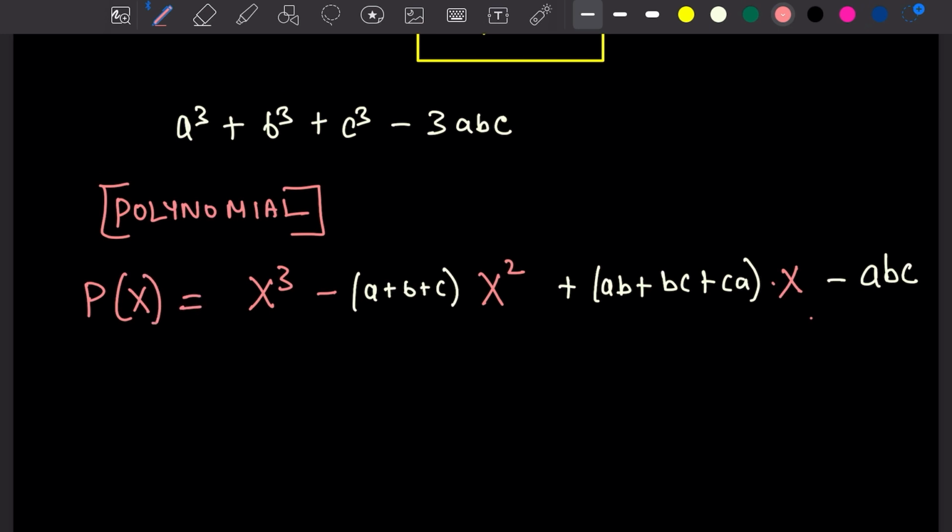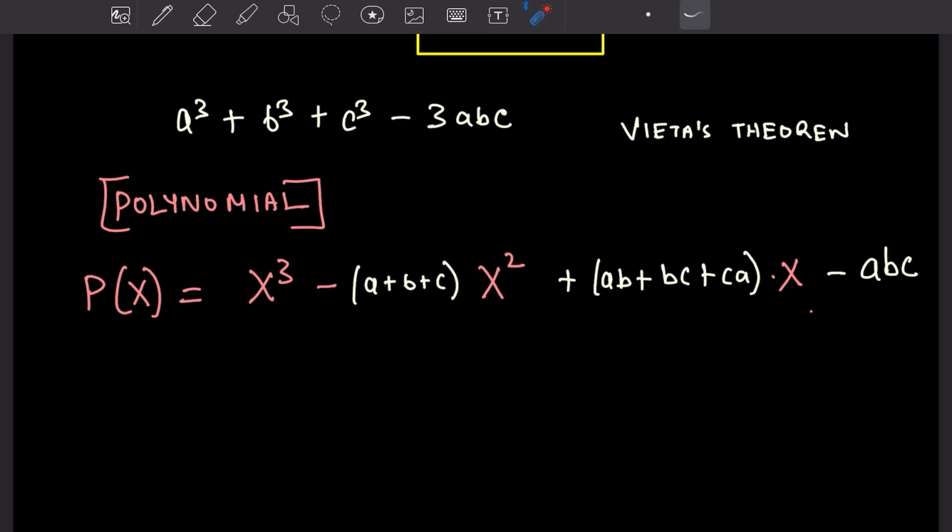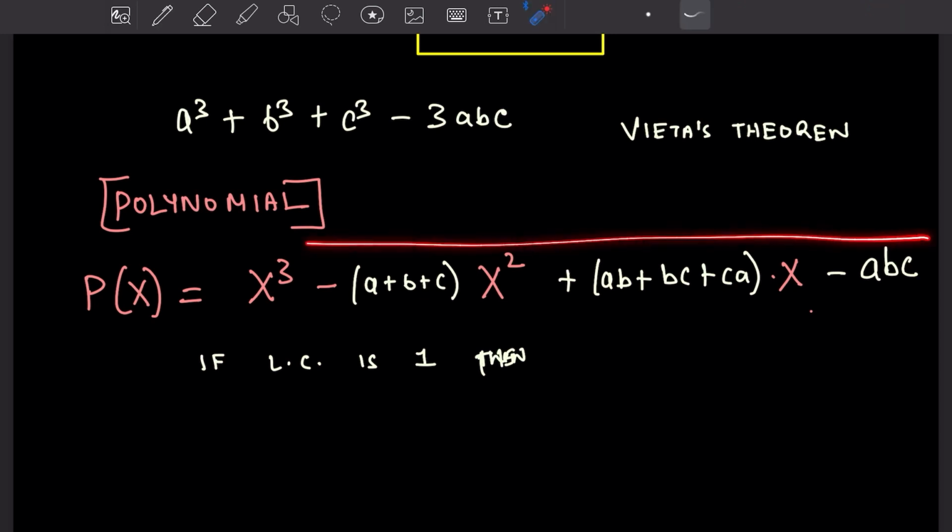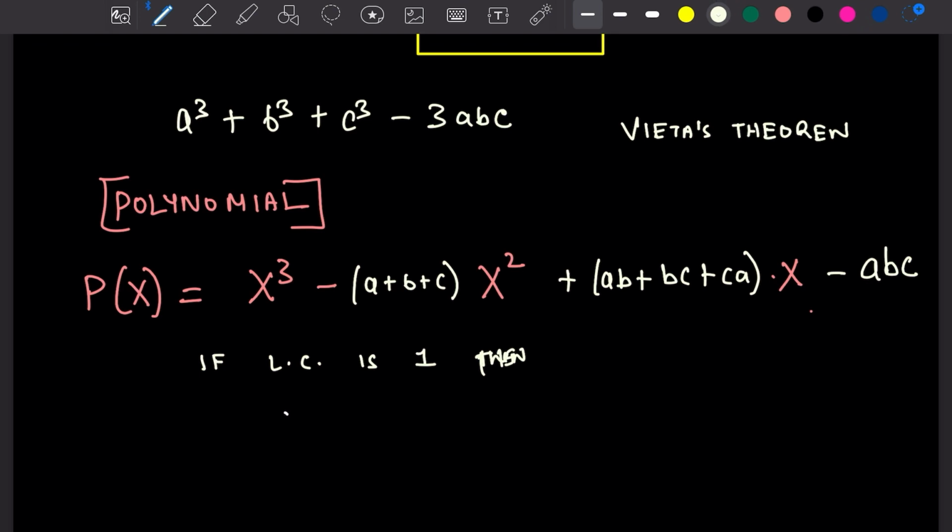So Vieta's theorem says that in any polynomial with leading coefficient 1, where the leading coefficient means the number that is multiplied to the highest power of x, here that is 1, then in the case of a cubic polynomial, the sum of roots with a negative sign is the coefficient of x square.